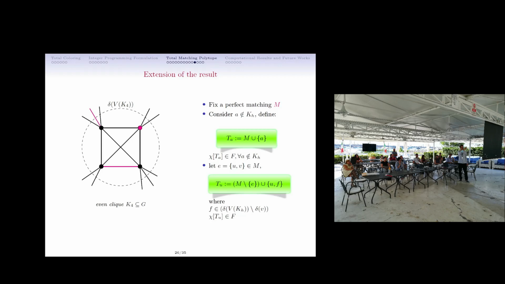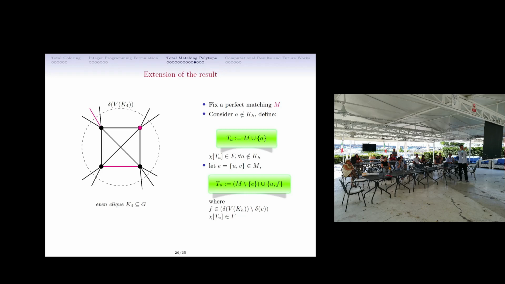We can fix the following perfect matching with endpoints U and V, and we can swap, as in the previous case, that edge with one of its endpoints U and V. And so we can set up a new total matching built in the following form.